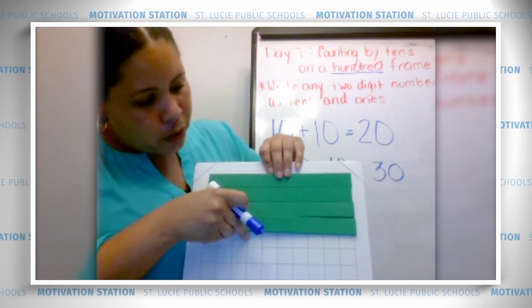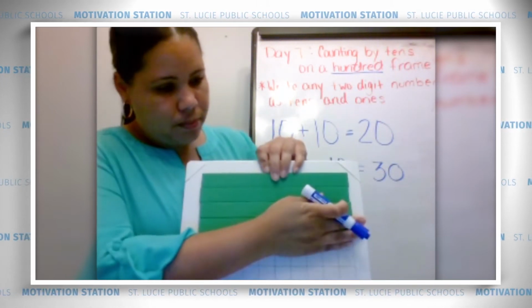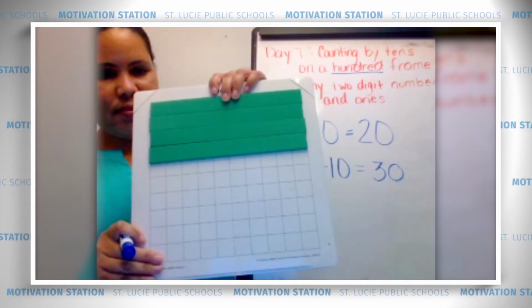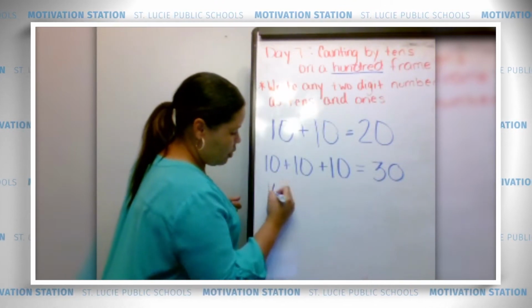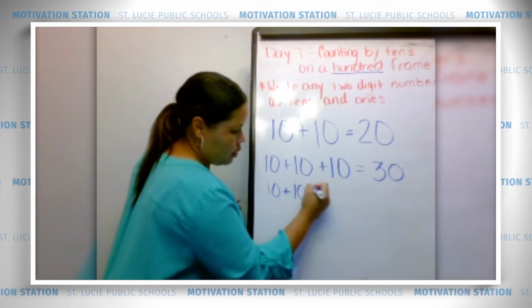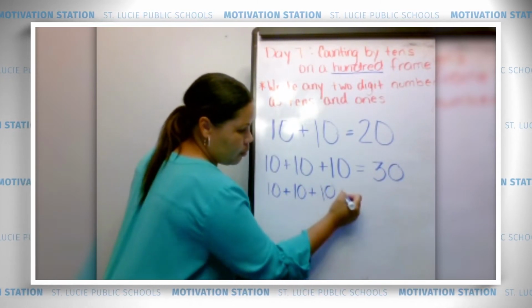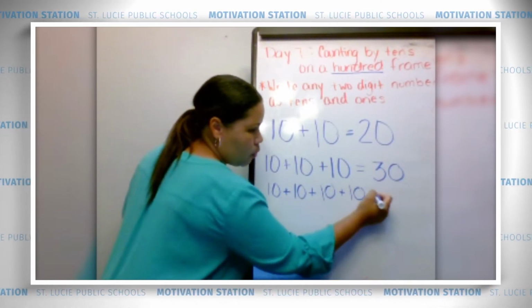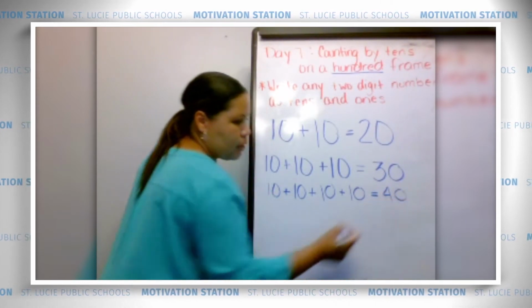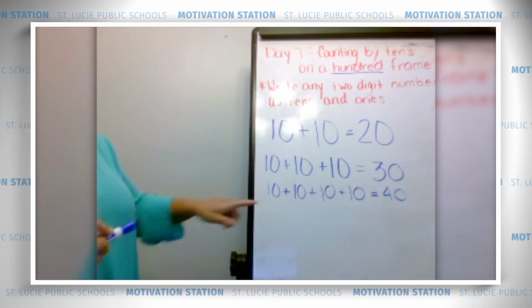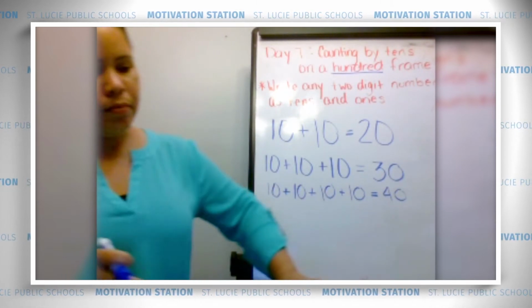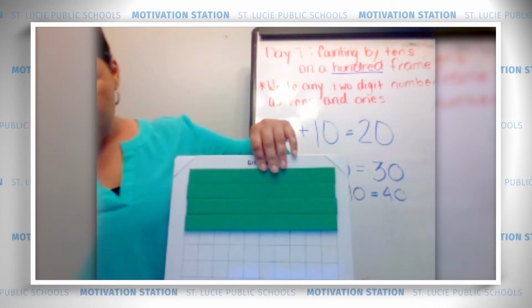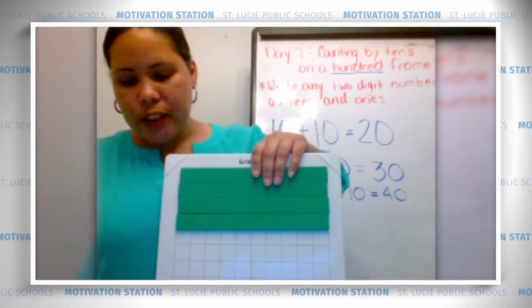Let's add another row of 10. Okay. 10 plus 10 plus 10 plus 10 equals 40. 4 tens equals 40. Guess what we're going to add again?